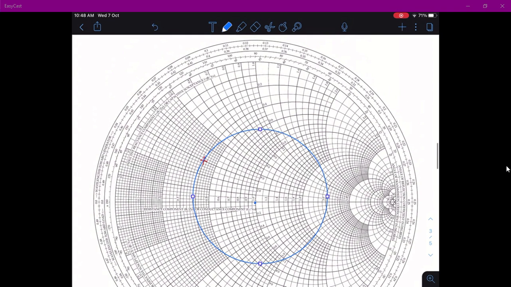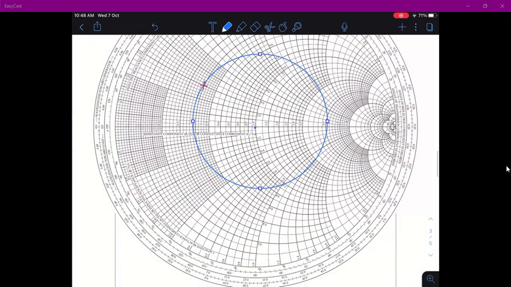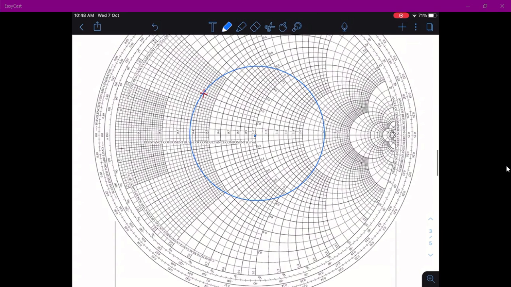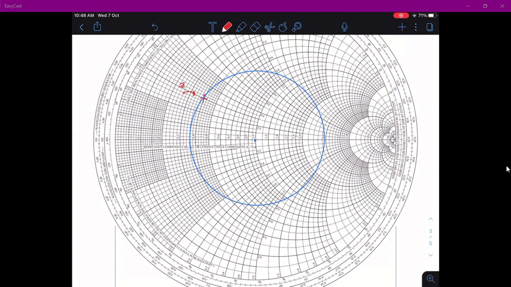Okay, 0.3 and 0.4, am I right? Yeah. I hope it is at the center. Okay. So, you have drawn the constant VSWR circle, and this is ZL bar.